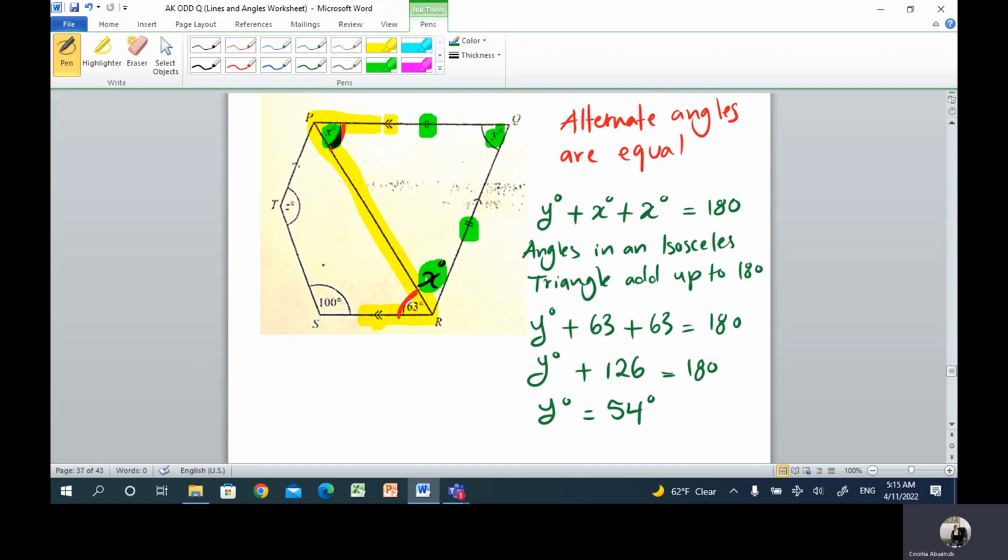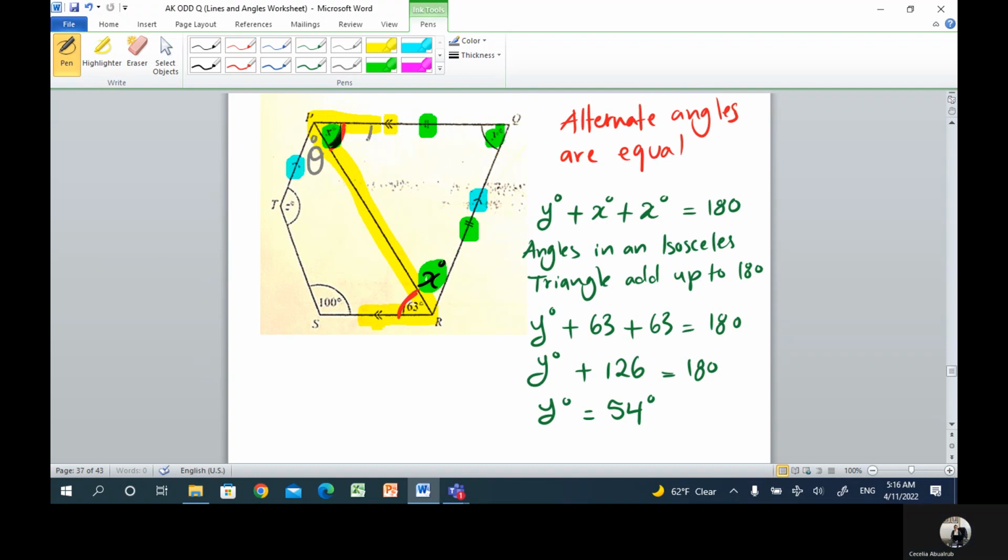Okay. So if we found y, can you please look here? We have here parallel lines. So the y and the x, and let me call this angle here theta.